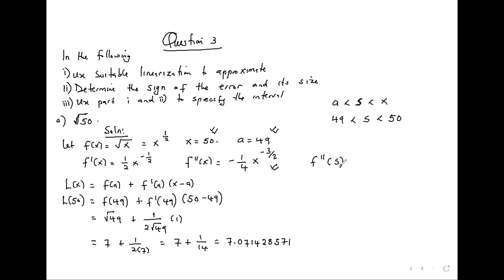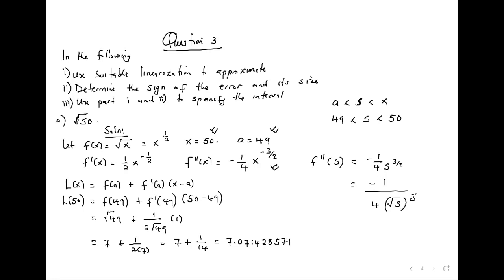Now, if I take s in -1/4, this can be written as s^(3/2). This is the same thing as -1/4 times the root of s to the power 3. Now look at this number. s is positive there.